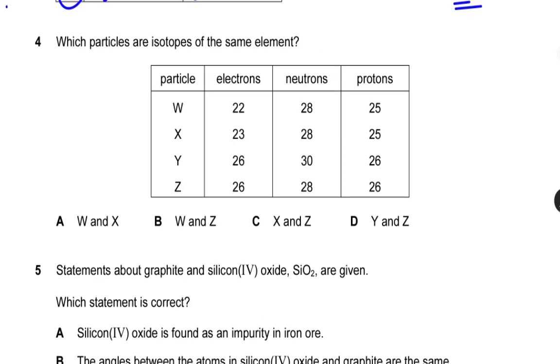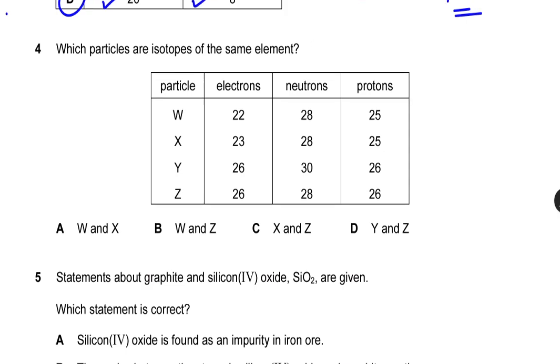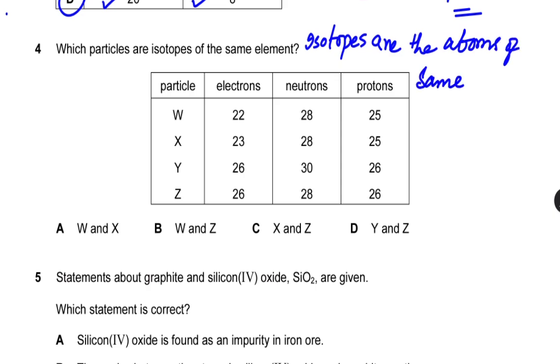Isotopes are atoms of the same element with the same number of electrons and protons.